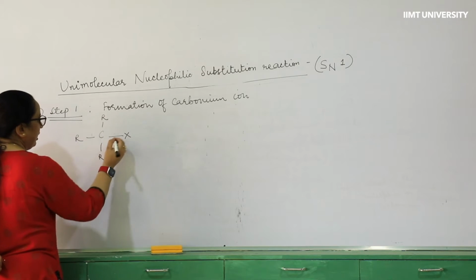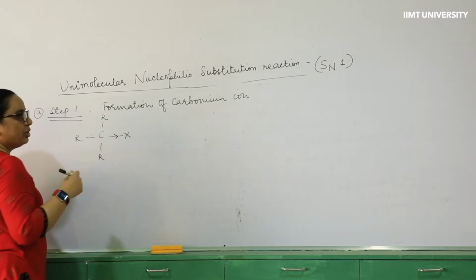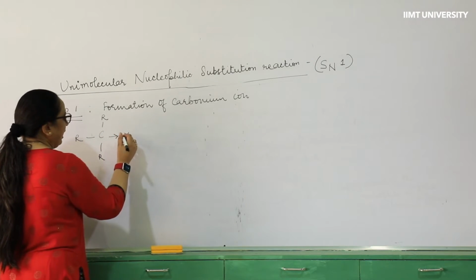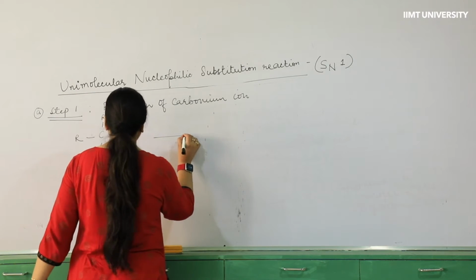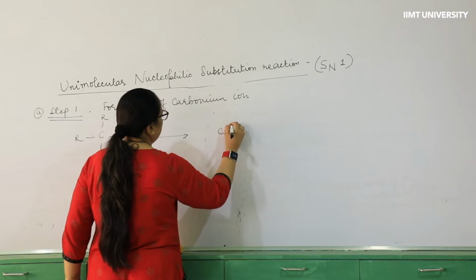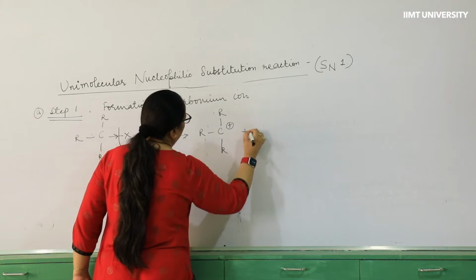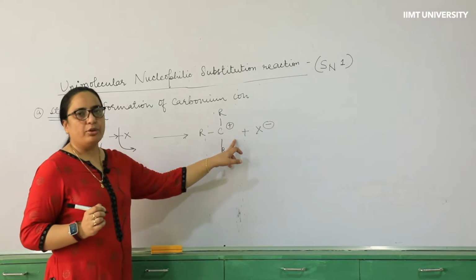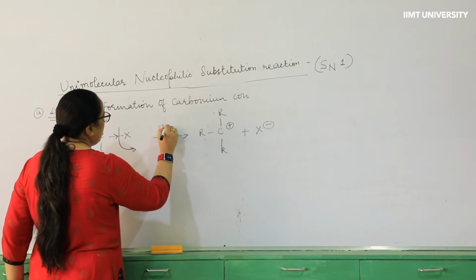X is the leaving group, being more electronegative, this bond pair of electrons will be strongly attracted towards the halide, and finally the halide gets detached from here and becomes a stable anion, thereby forming this carbonium ion, which is bearing the positive charge. This is the reaction intermediate, and this is the slow step.